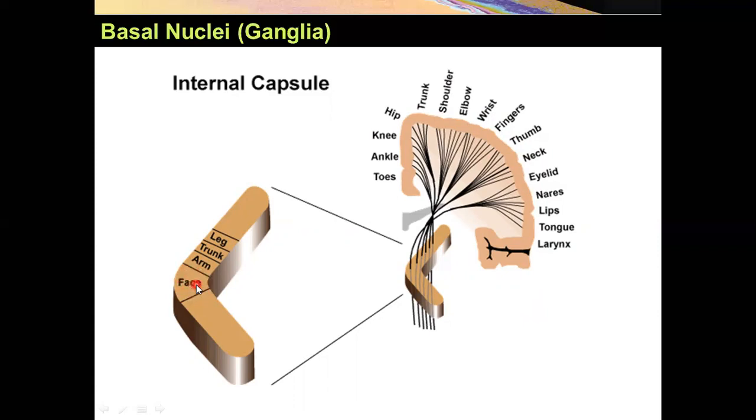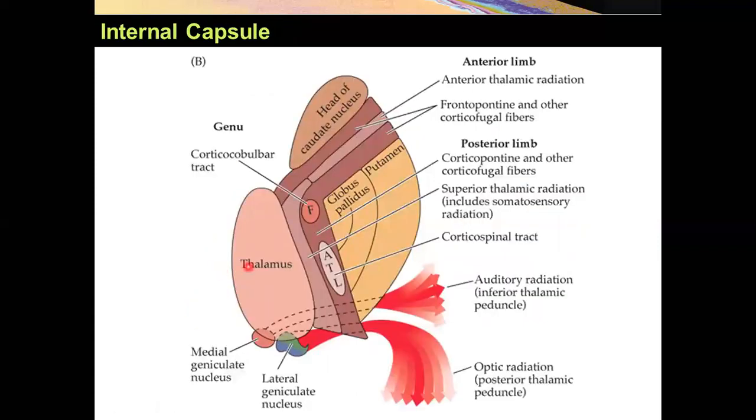So let's look at the internal capsule in detail. Here is the anterior limb of the internal capsule. Here is the posterior limb of the internal capsule. Here is the genu of the internal capsule. As you see here, there is a close association between the basal nuclei and the internal capsule.